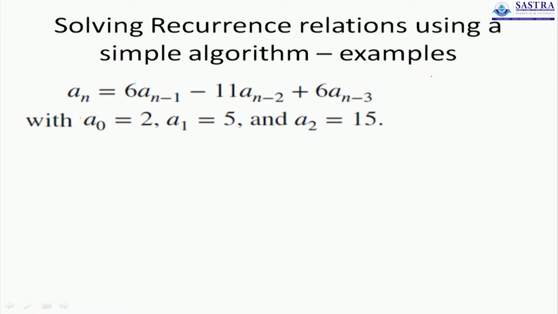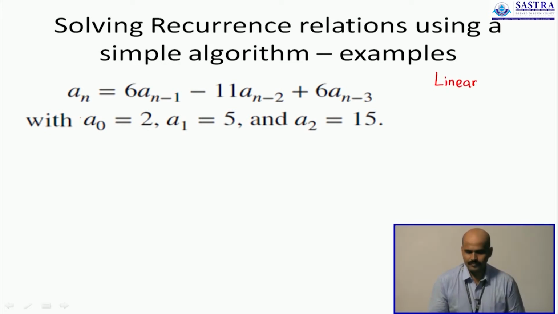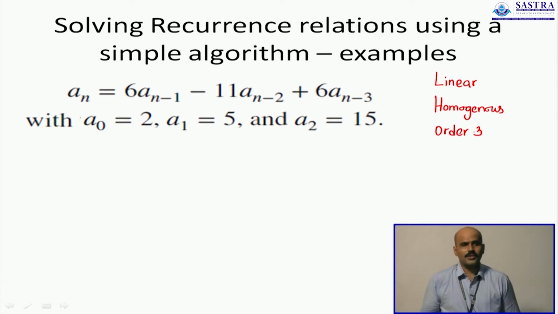This recurrence relation is clearly linear, is homogeneous, and is of order 3. Let's recall why these are very obvious from the question.